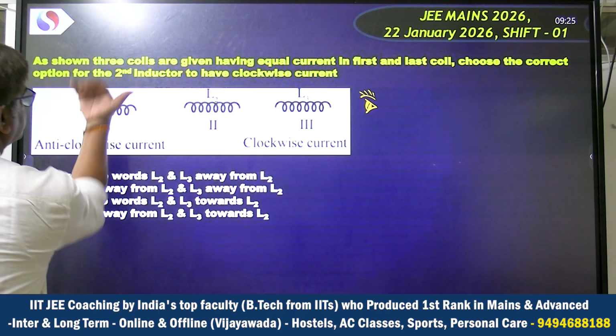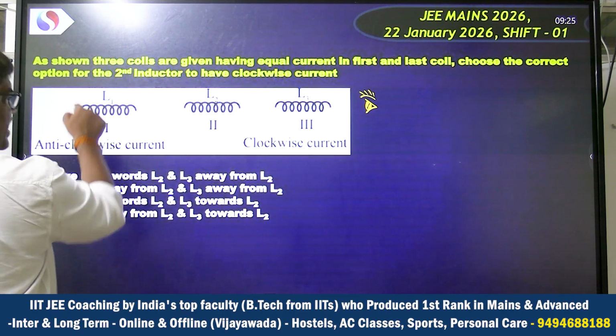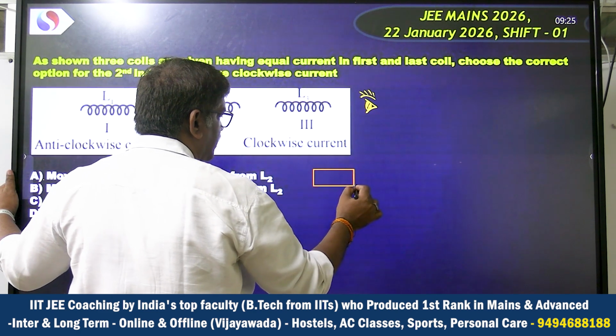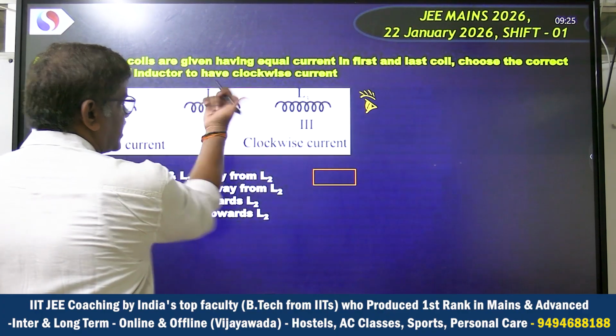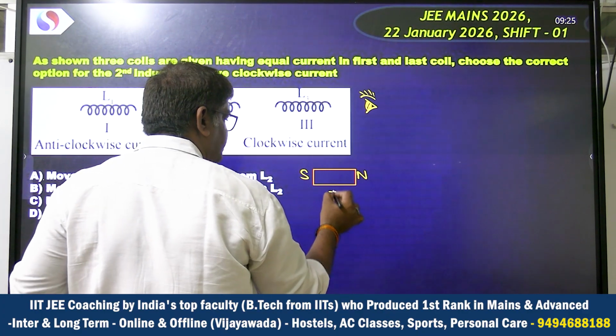For coil 1, this is my anti-clockwise direction. That means if I replace this coil with a magnet, that magnet will have the magnetic moment in this direction, meaning this is the south pole and this is the north pole of the first magnet.